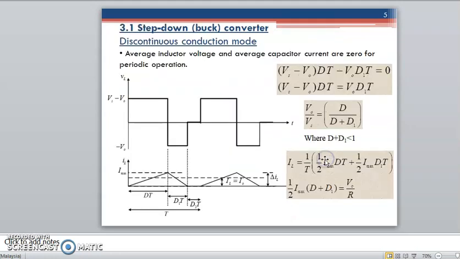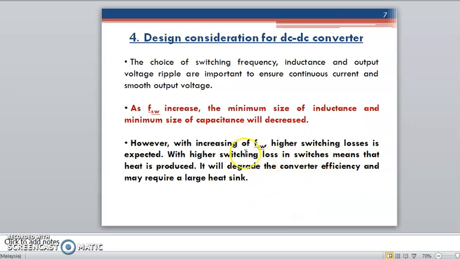But there is some limitation. When you increase frequency, there will be higher switching losses on the switch. With higher switching losses, you have to dissipate the heat.